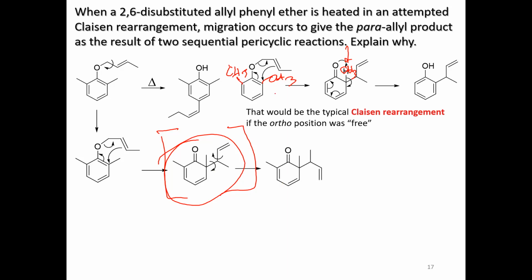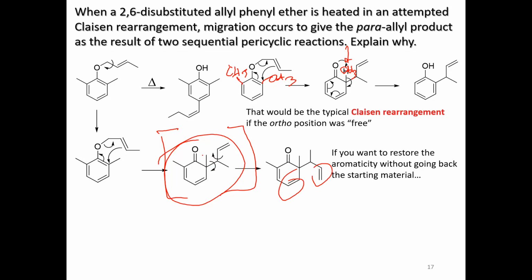Okay, there is always free rotation around that. Now, the double bond is this one, and on the other side of the molecule, this one. The first one is a Claisen rearrangement. This one will be a Cope rearrangement. You do this movement of 3 arrows, and instead of going back to starting material, it will create this Cope rearrangement.